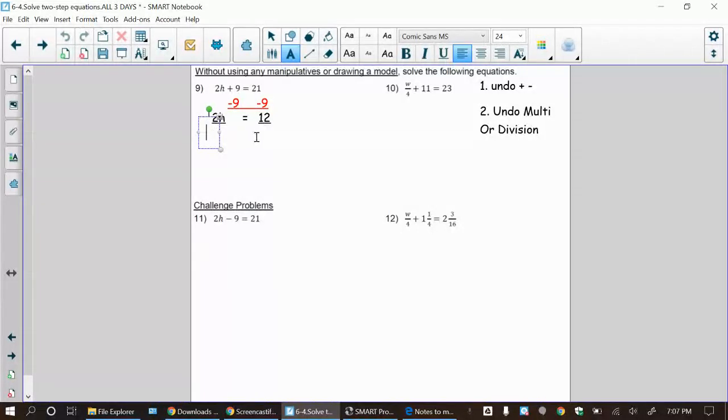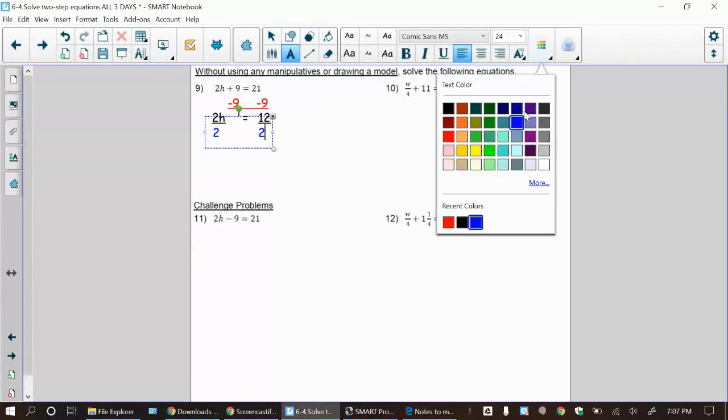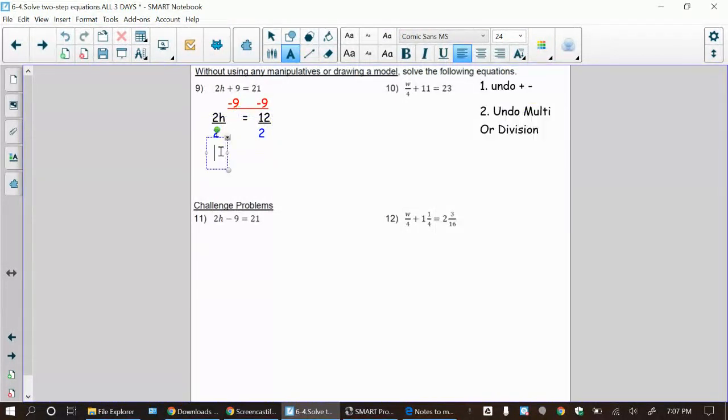So now I'm going to divide both sides by 2. Why do I divide both sides by 2? Because 2 divided by 2 is 1. And then the identity of multiplication, any number times 1, is that number. So our h stays as it is. Okay, so then I get my solution. And remember, you can't just say 6. You have to put h equals 6. Which one is that? It's a different color.